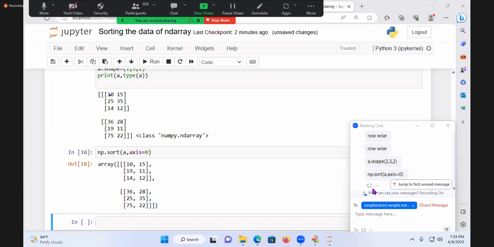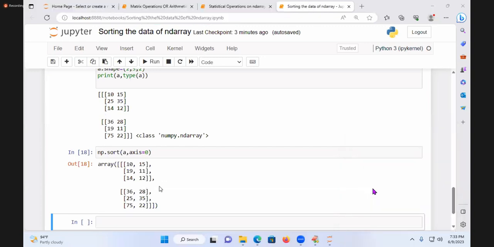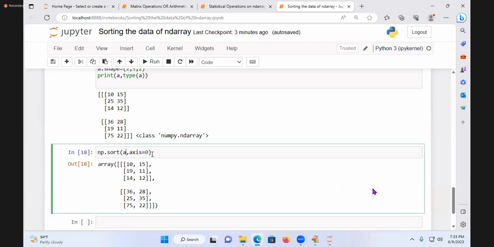So here 10, 10, 14, 19. Okay, 1 minute. 10, okay, it's something different. The matrix column is sorted. A of np.sort of A, axis is equal to 0.